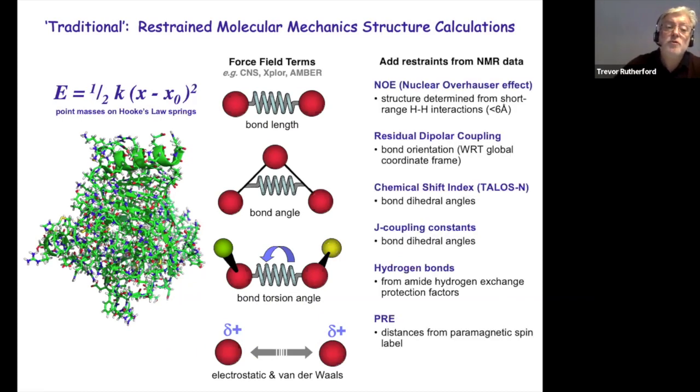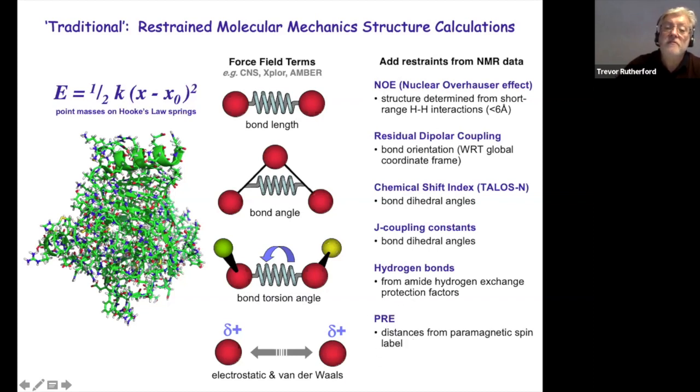So you can improve the accuracy of these kinds of molecular mechanics models by adding in restraints from the NMR data. And that is the NOE values, these pairwise HH distances, the residual dipolar coupling, the chemical shift index, the residual chemical shift, the random coil index that we saw, J coupling constants, hydrogen bonds that we can infer from hydrogen bond exchange rates, and these PRE spin labels that we put in.